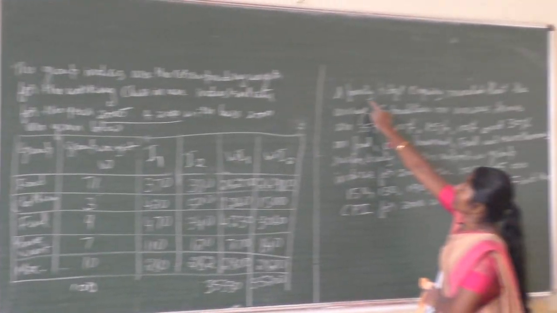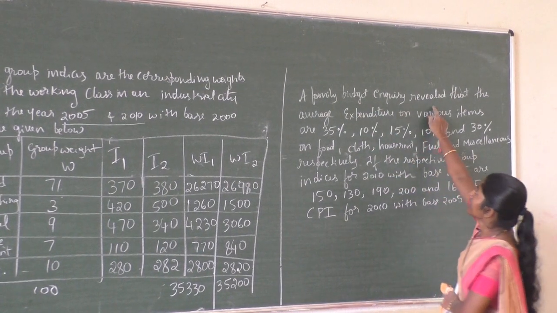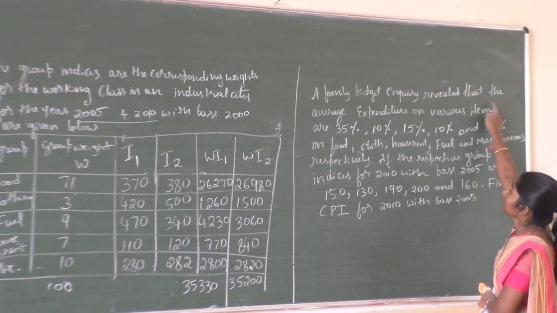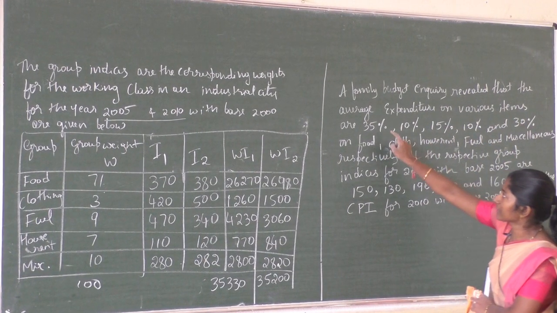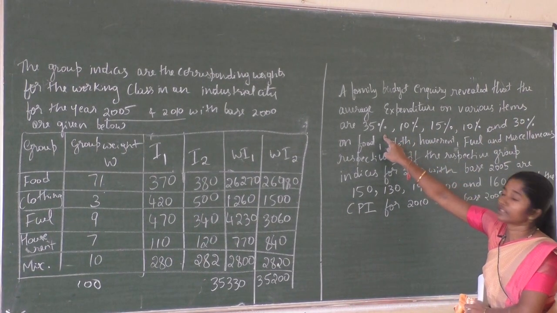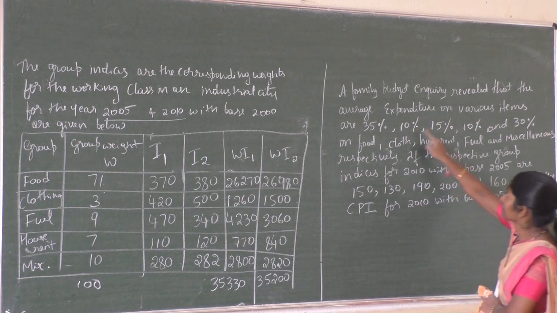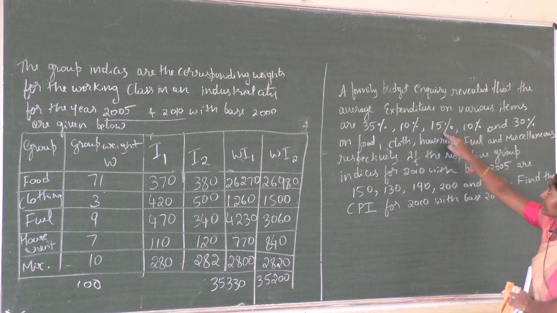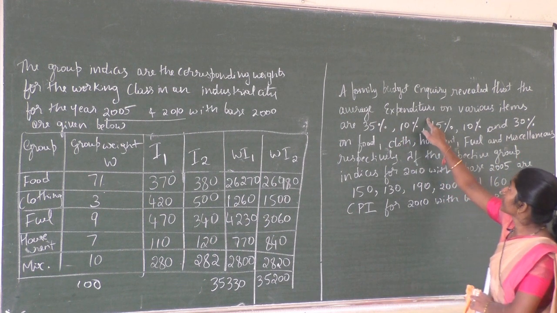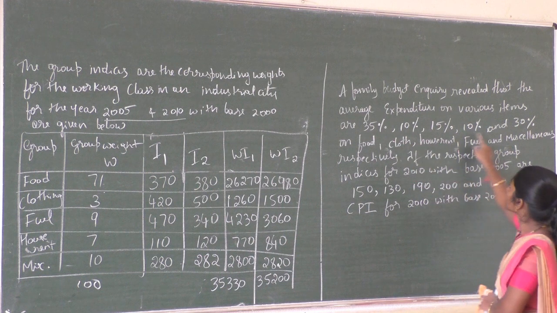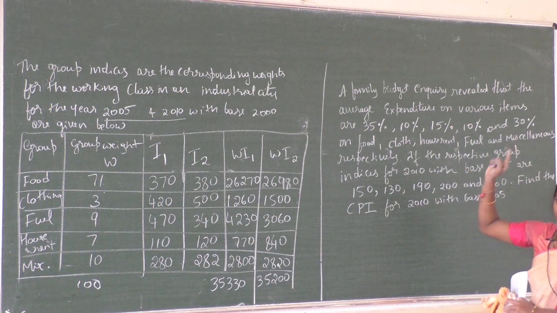Next, a family budget inquiry revealed that the average expenditure on various items are 35%, 10%, 15%, 10% and 30%. These average expenditures are given in percentage, therefore the summation of W should be 100.